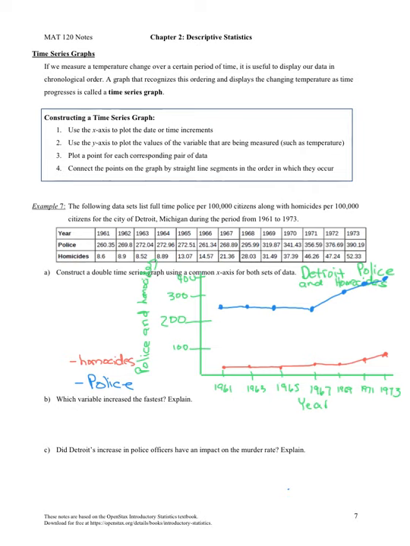So which variable is increasing the fastest? That would be the police staff levels. And that's because the line is growing faster at the same time as the line for the homicides.